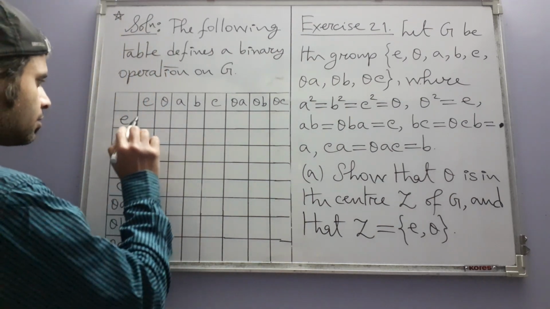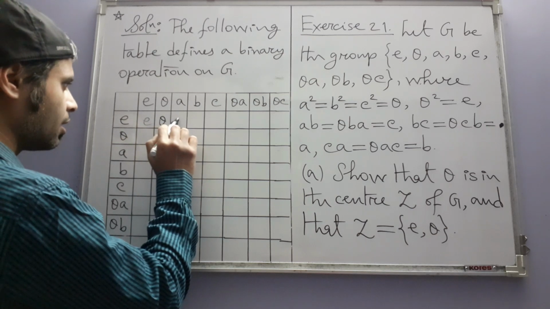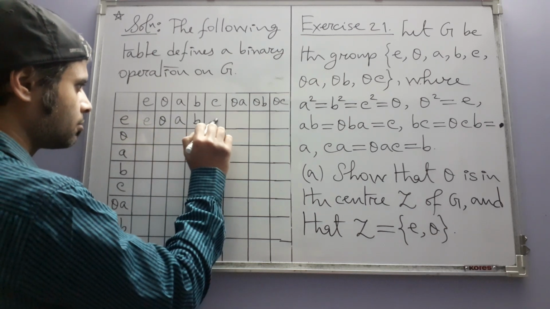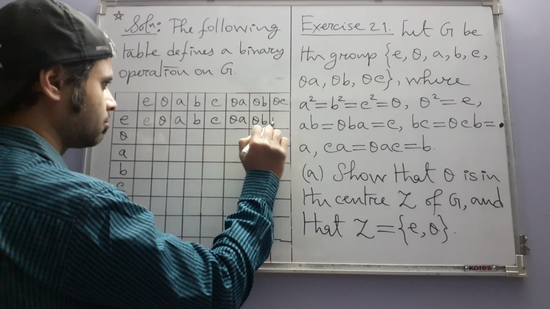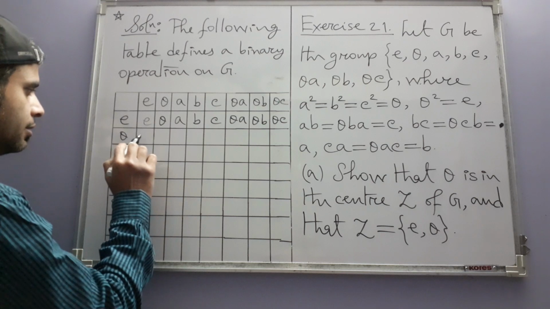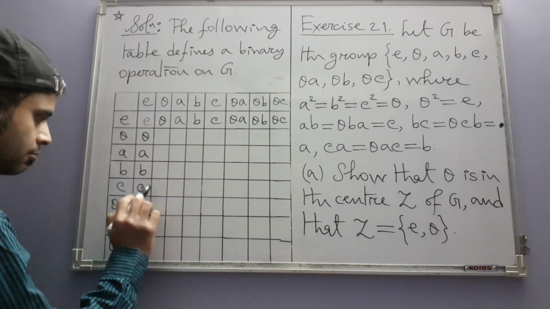The rows and columns corresponding to E are easy to fill out because we want E to be the identity, so nothing will change.